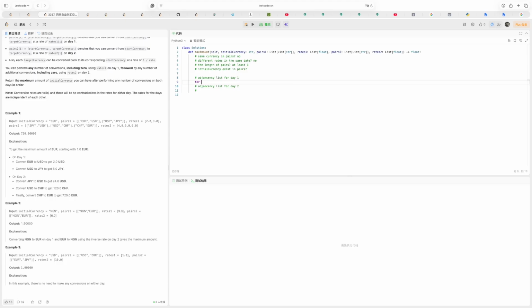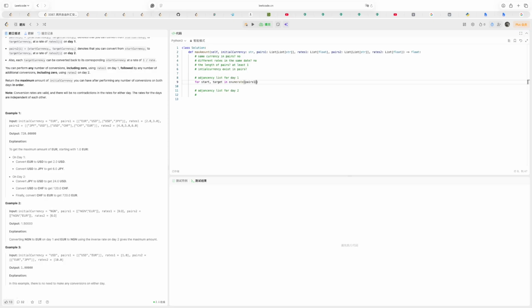So for the start and target in pairs 1, we should have index to gain the rates.